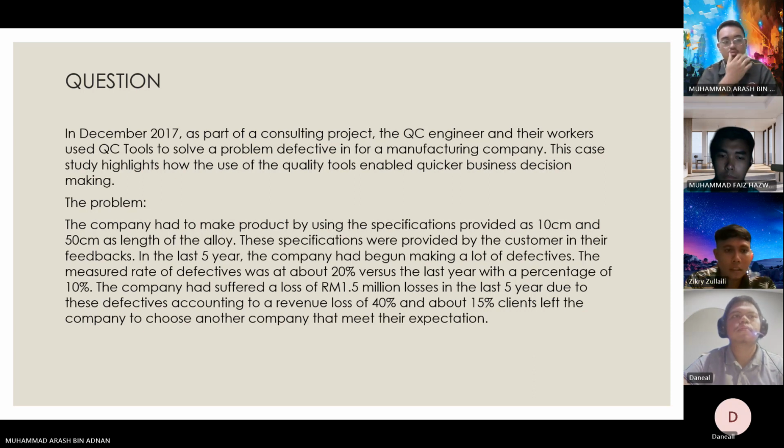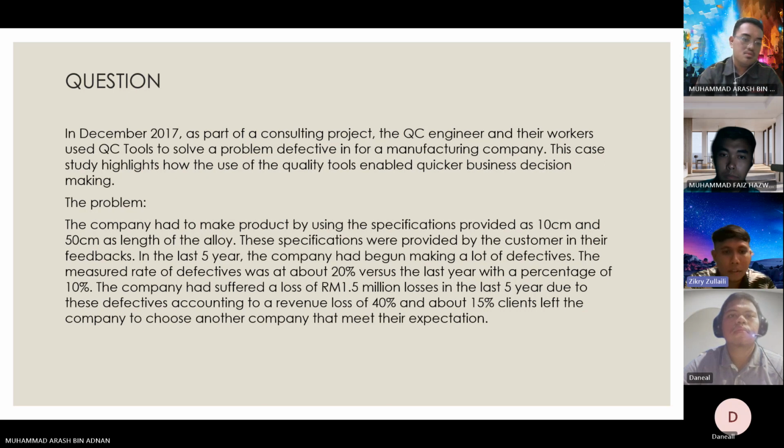The problem, the company had to make products using the specification provided as 10 cm and 15 cm as the length of the alloy. The specification was provided by the customer in their feedback. In the last 5 years, the company had begun making a lot of defects. The measured rate of defects was about 20% versus the last year with a percentage of 10%.